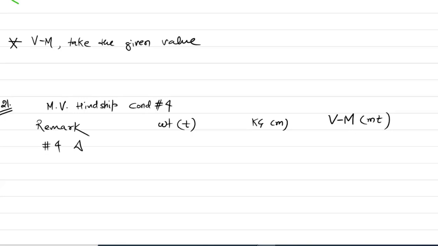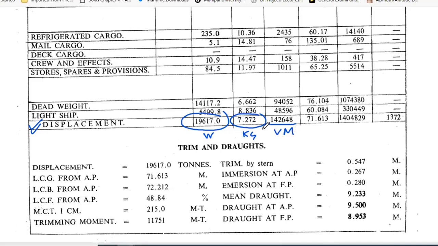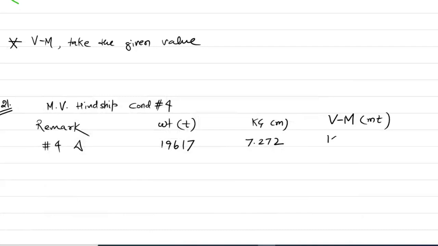And what is the value of displacement? 19617, KG 7.272. No need to multiply because it's already given. 142648. Let me just go back here. 142648. समझ आया? समझ गए. So our first line is completed.